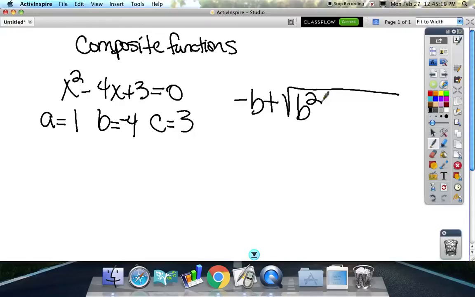Okay. Now, minus. Hit the minus sign, not the negative, but the minus. You've already got the minus.